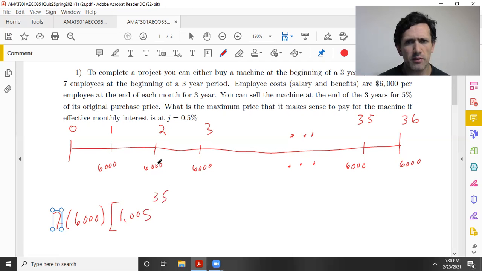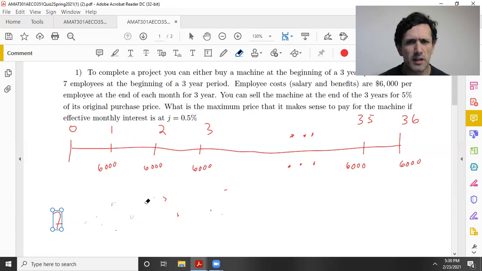This 6,000 here earns 36 minus 2, which is 34 months of interest. It might help someone who didn't really understand how to do this problem, so I'll write things out in full detail and then factor out the 6,000.